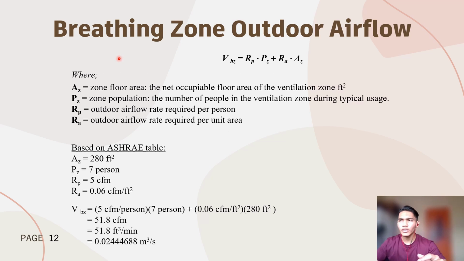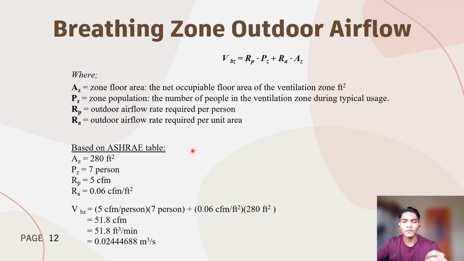So we already determined the volume flow rate. Now we determine the breathing zone outdoor airflow. So what we have here is the equation for it, which is outdoor airflow rate required per person times zone population plus outdoor airflow rate required per unit area times zone floor area. So based on the ASHRAE table that I have shown you before this, we already got all the value.